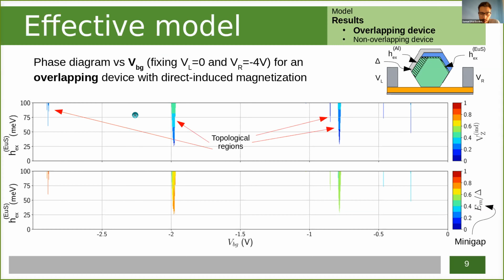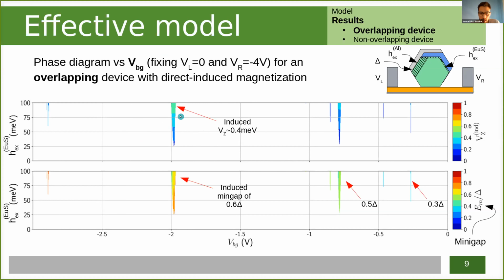So what we see here is that there are different topological regions. Some of them are narrower or larger, with an induced exchange field smaller than 0.4 millielectron volts, and with an induced mini gap smaller than 0.6 times the induced superconductivity, the parent gap.